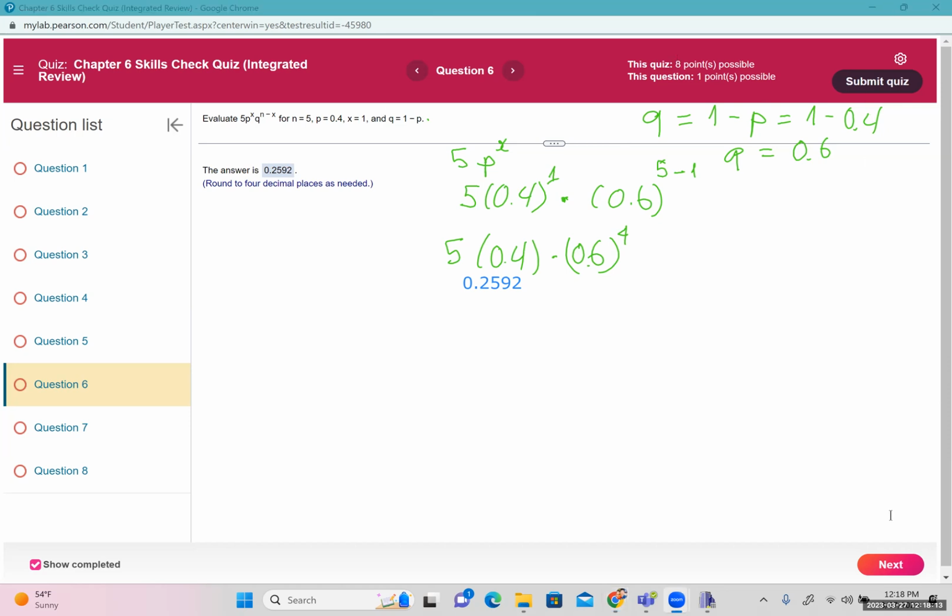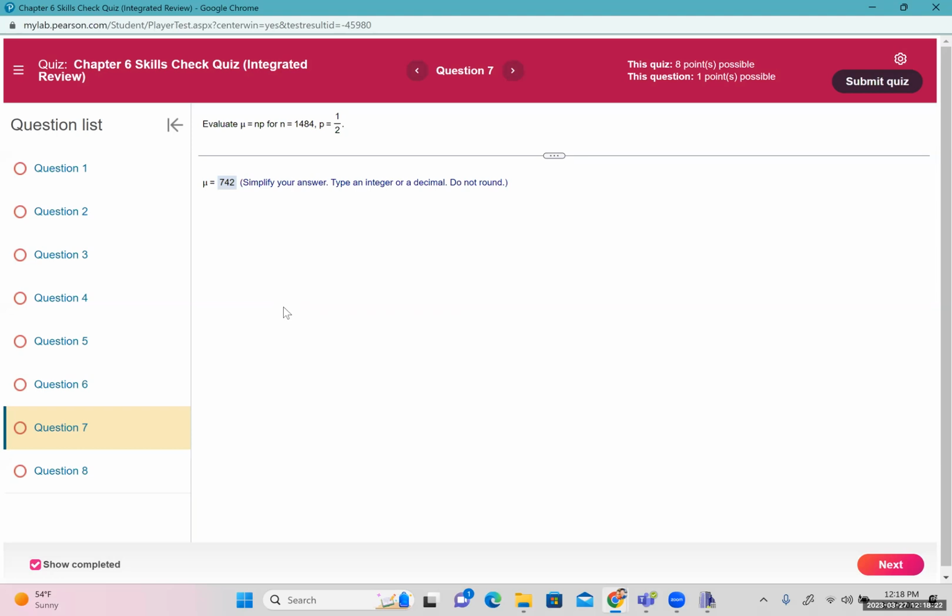So we move to the next question. All right. Number 7. So in number 7, we're going to find the mean by the formula n times p. And this is for the probability distribution only.